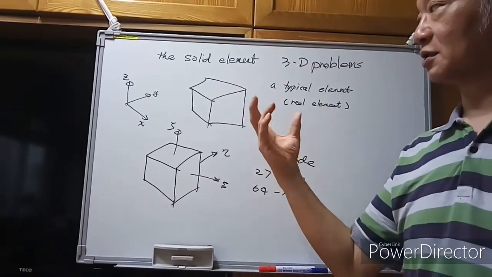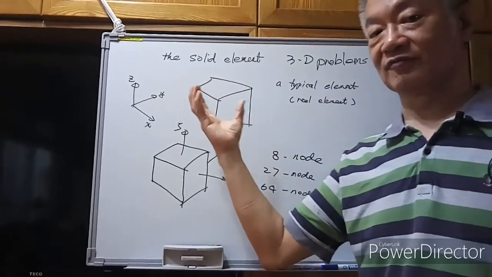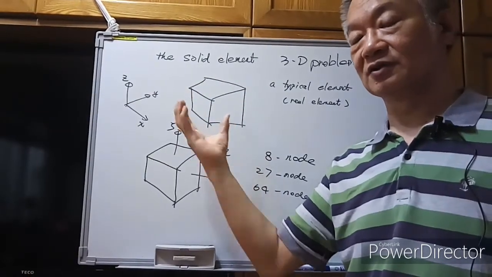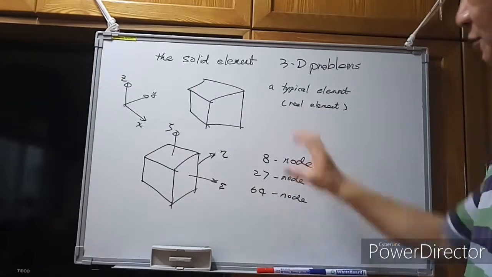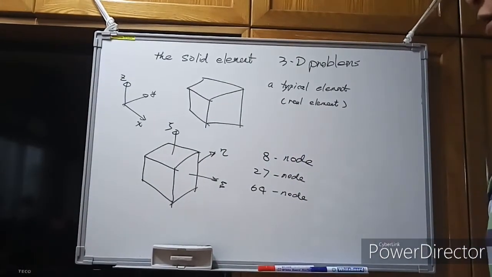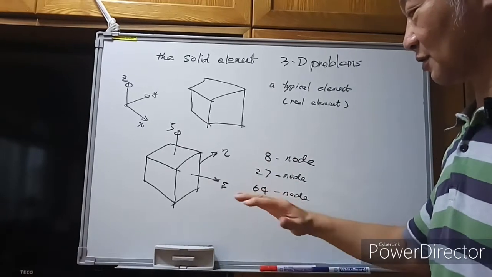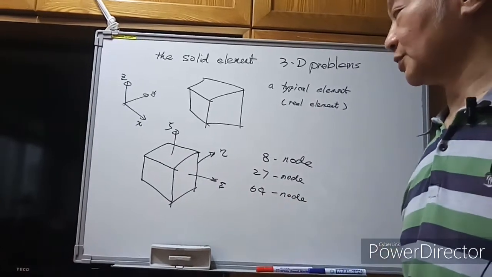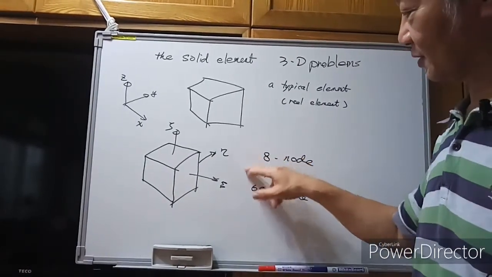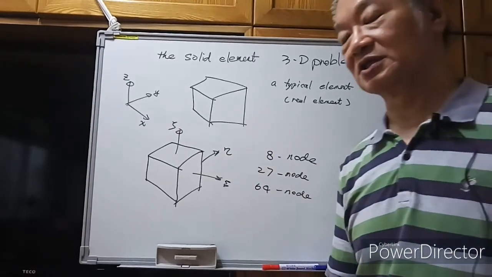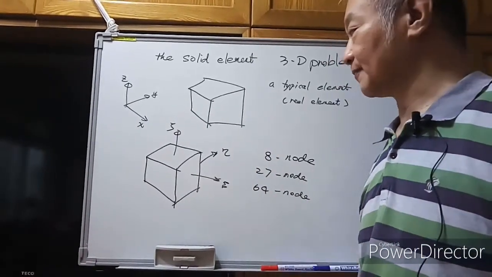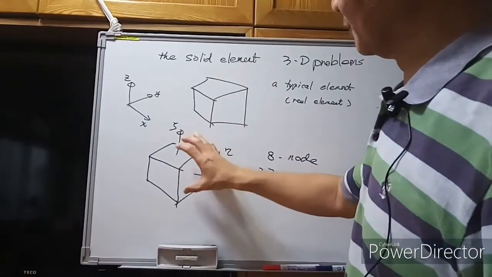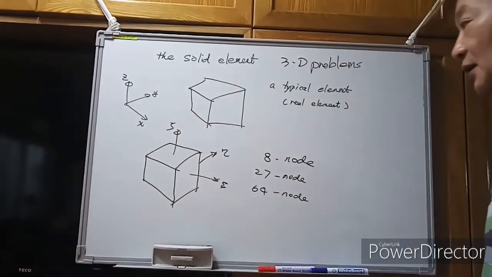He is the person in charge of defining all the node points required for each element. So there are 3 types. However, it is not so common to use even more node points. Most of the time, the first one is the most common element used.